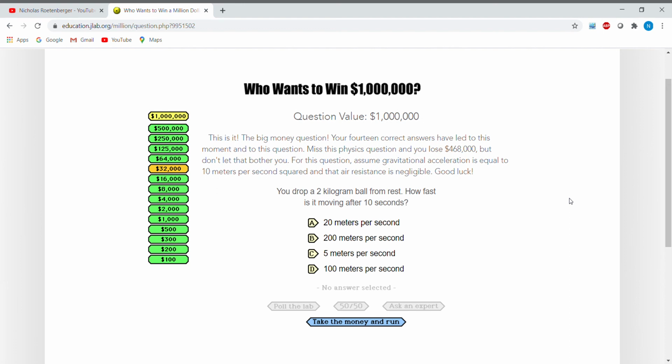I'm gonna go with 200 meters per second. B.